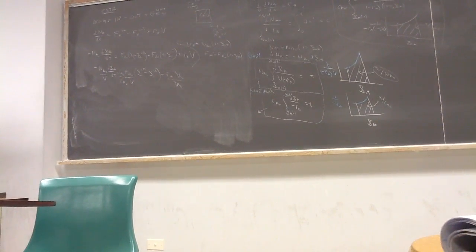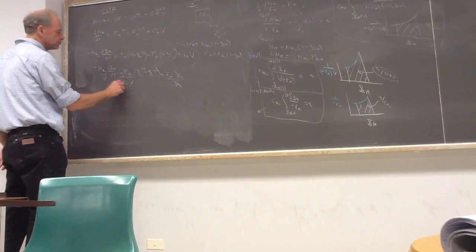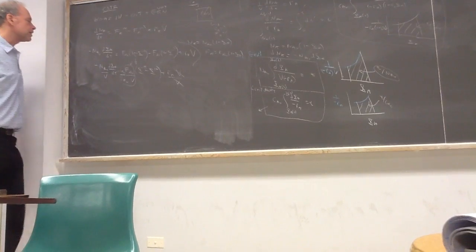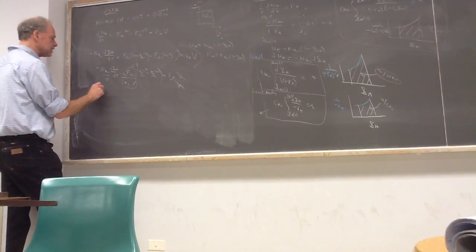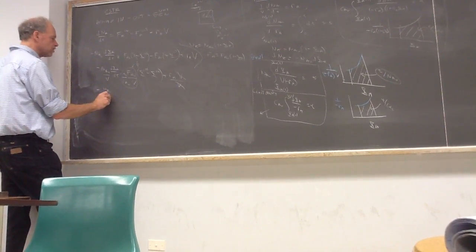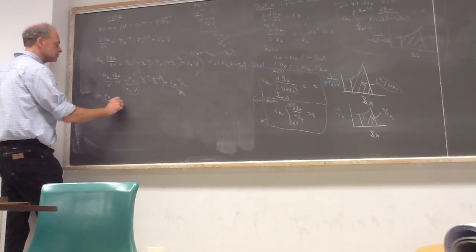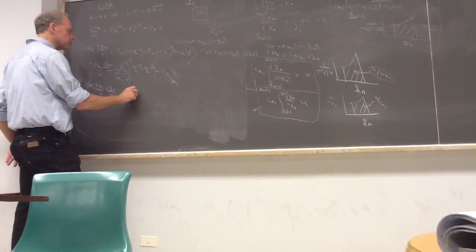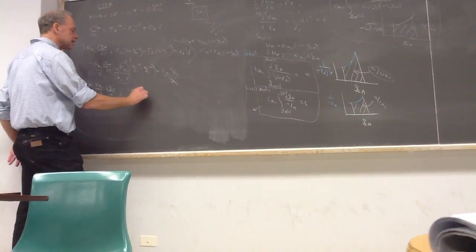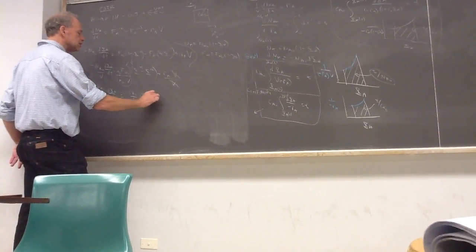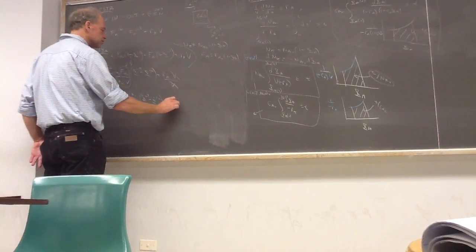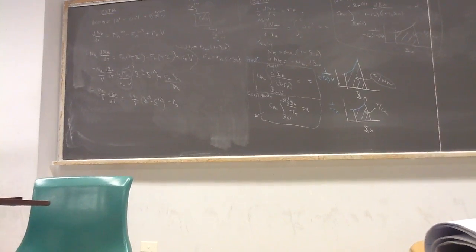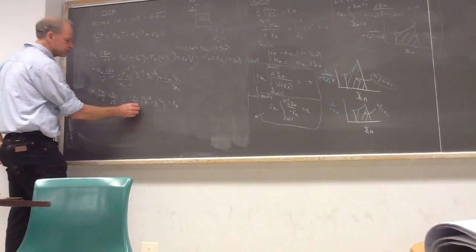I'm doing that for a reason, because I want to introduce tau here. That's a 1 over tau. So I can rewrite this as minus Na0 over V dXa/dt is equal to Ca0 over tau, (X out minus X in), plus RA. And that's another form of the unsteady equation where I just introduced tau 0.